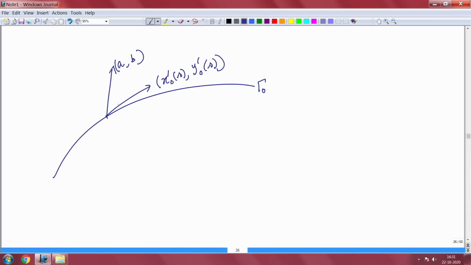The transversality condition implies these two directions are independent, not parallel.